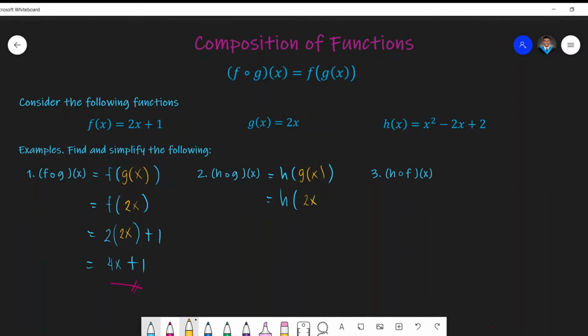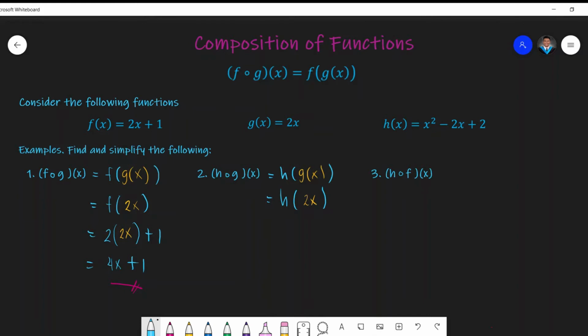So we have 2x. And then, ang next natin gagawin dito is we just simply evaluate the function h of x when the value of x is equal to the second function, which is the g of x, which is equal to 2x.